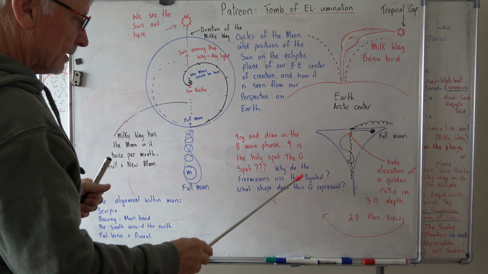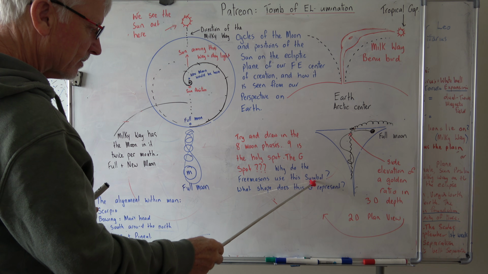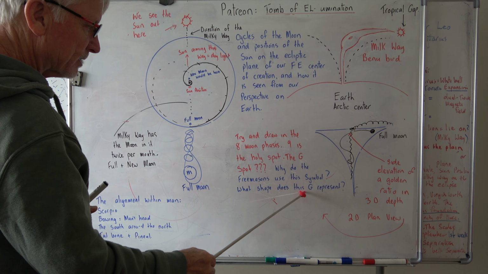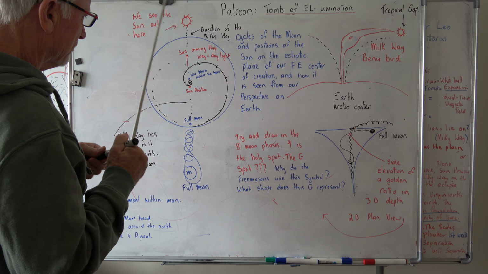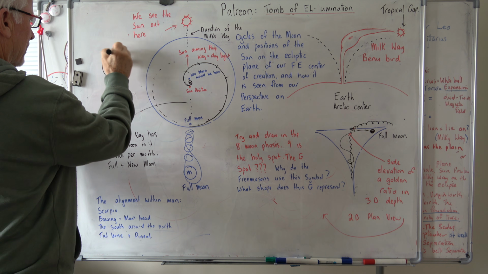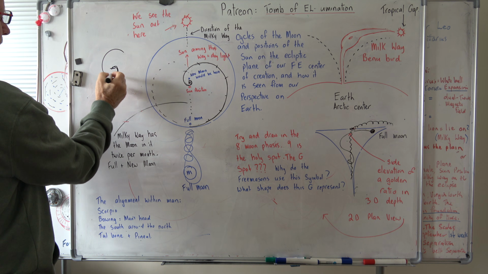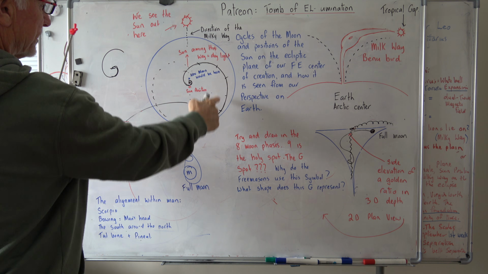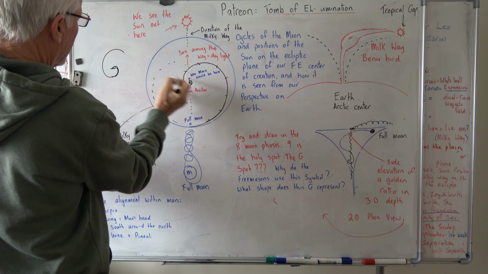Why do the Freemasons use this symbol? What shape does this G represent? Well, that's the golden ratio. That's your G. There's your G. They know all this stuff. There it is there. And they know going into there is the holy place.